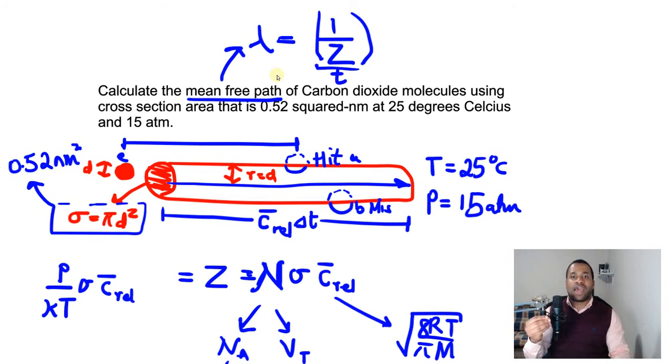Once we have this time expressed as 1 over Z, where Z is the collision frequency, since we're determining distance, represented by lambda, distance is time multiplied by velocity, and in this case our velocity will be the mean speed.